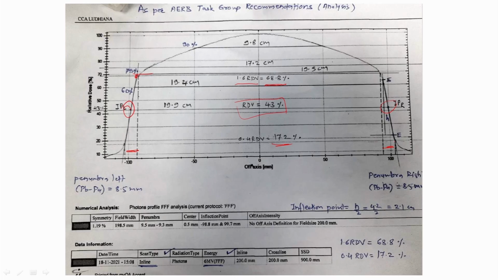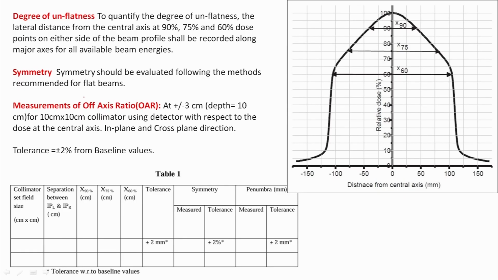Similarly, the other parameter which is required to be measured as part of quality assurance in an unflat beam is the degree of unflatness. The degree of unflatness uses the parameters of 90%, 75% and 60%. You can see here the degree of unflatness.